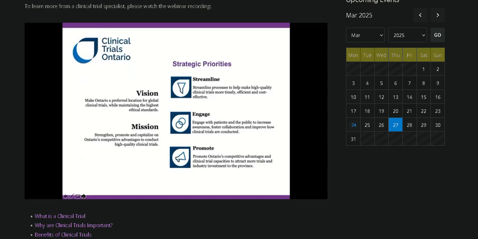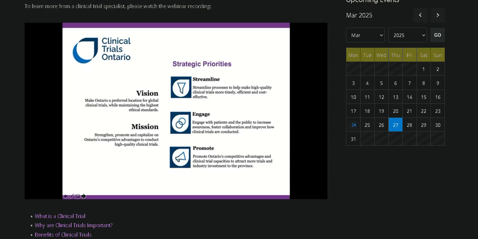Before we start, the organization that I am representing today is called Clinical Trials Ontario. You may hear me refer to it simply as CTO. The bottom line is that we are primarily supported by the Ontario government, and it's our role to help make Ontario a better place to do clinical trials.